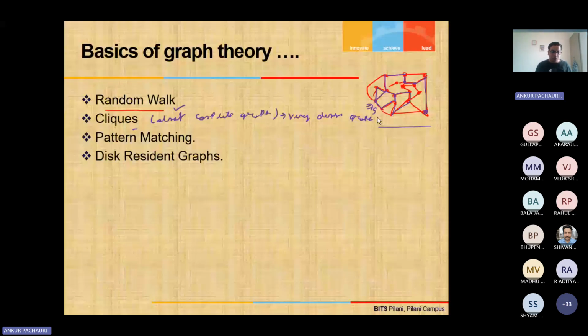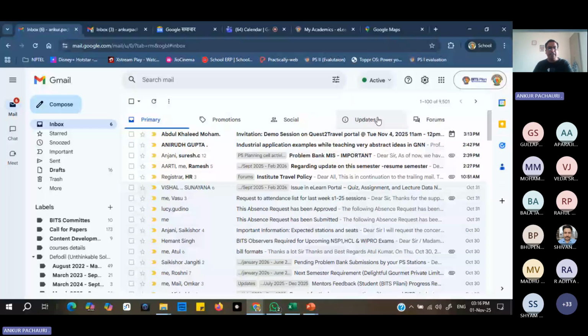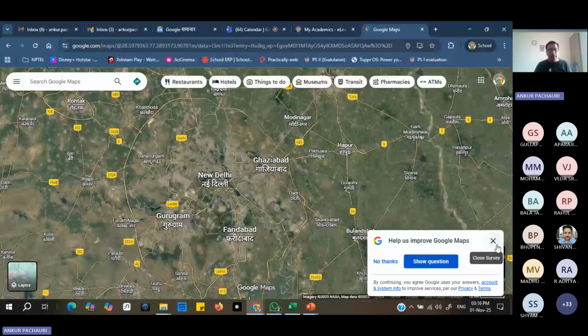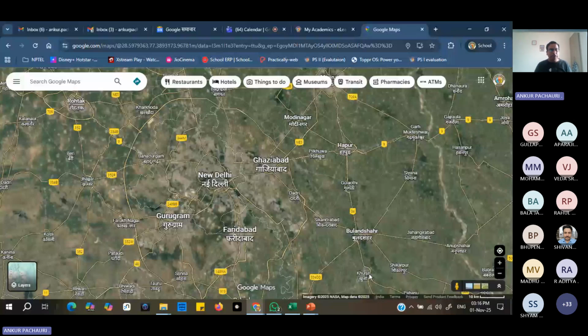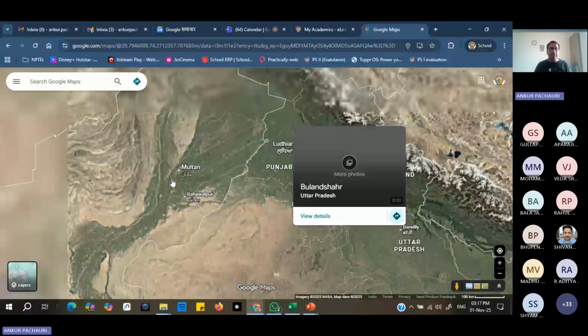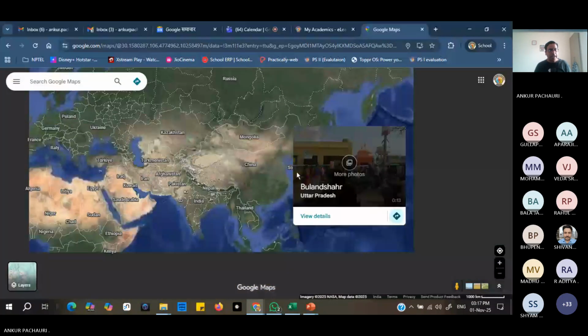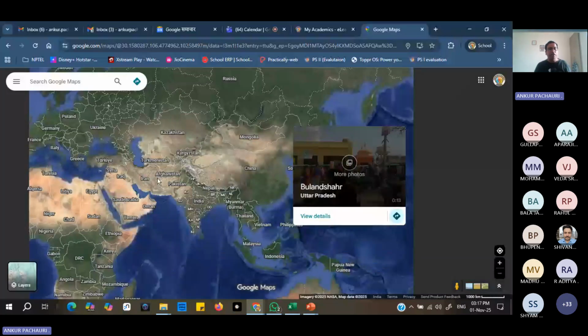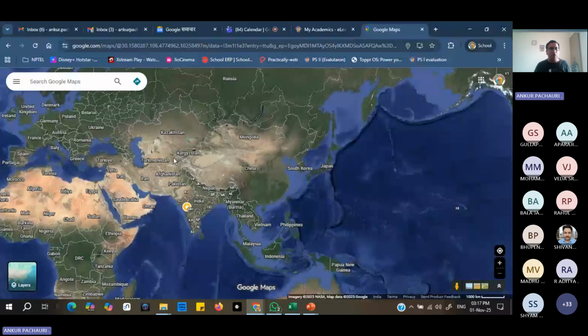When the graph is very huge, and even if not huge, it is not required to load the whole graph into the memory. So, for example, again we'll go back to the Google Maps example. My focus is only on this part of the graph, the northern part of India. So the Himalayas and all the rest of the graph need not be loaded into the memory until I zoom out and specifically hover my mouse onto that area.